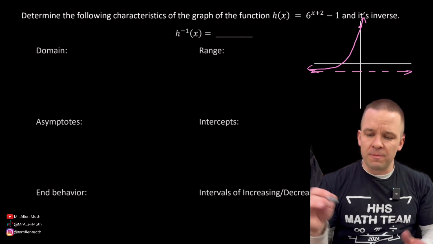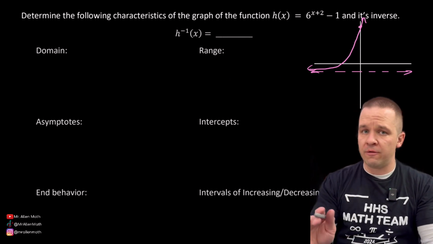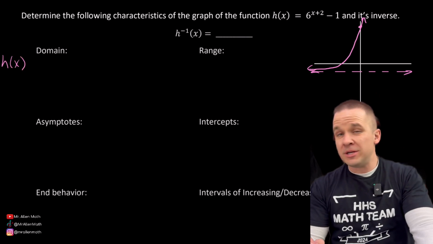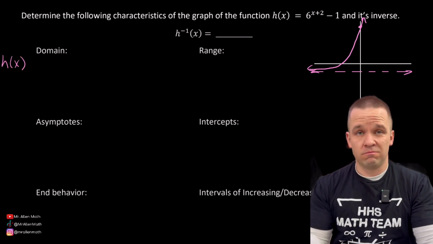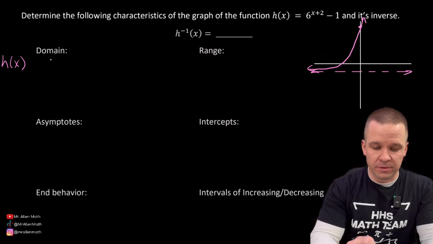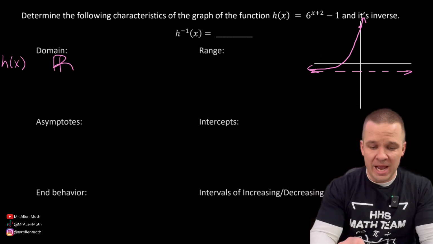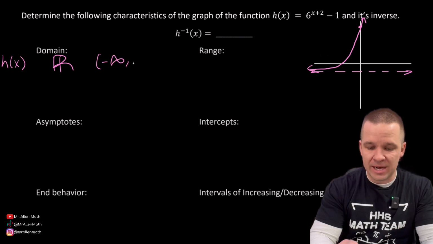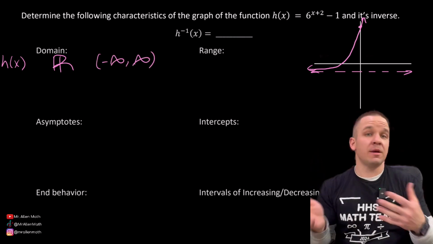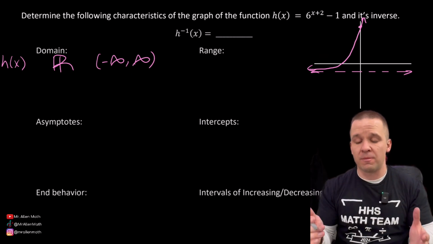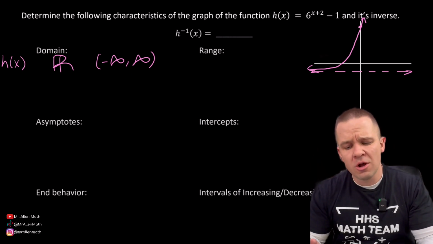Okay. So my domain here for h of x, we'll do all of h of x here in pink. My domain, I can go left, I can go right, all real numbers, or you can go from -infinity to positive infinity. Those are the same thing, right? How about my range?